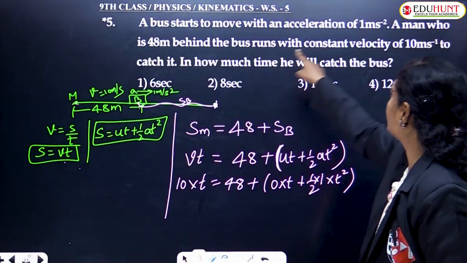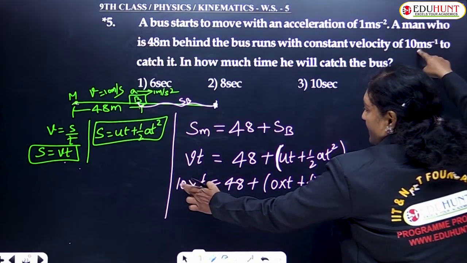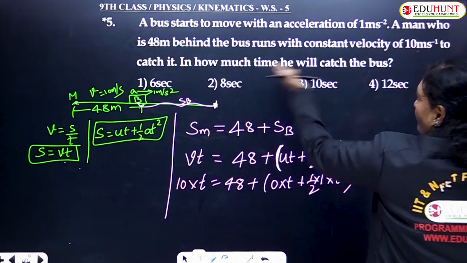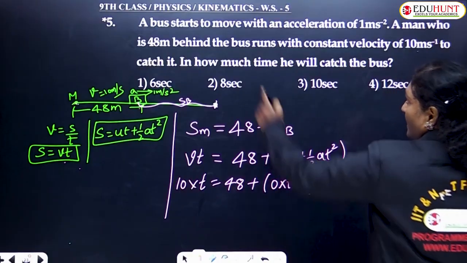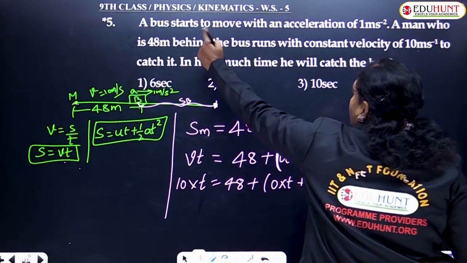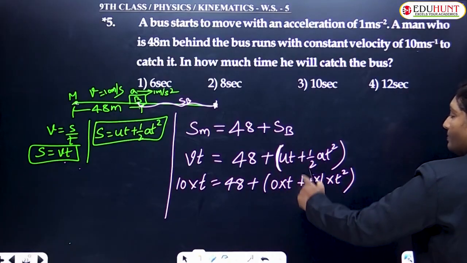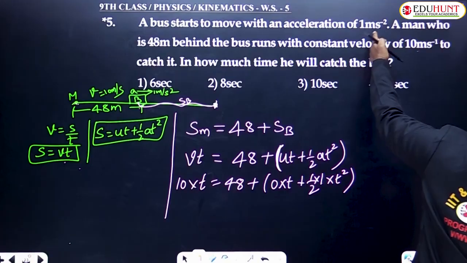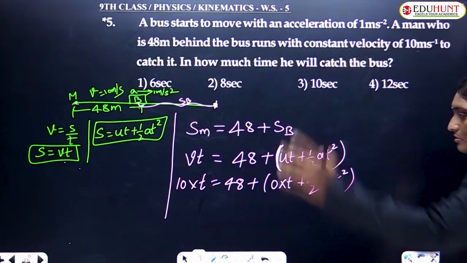And with what velocity is the man moving? 10 meter per second. So V is taken. Time you need to find out, equals 48 plus, initially the bus starts, means initial velocity 0, time you need to find out, plus half. Acceleration of the bus is given as 1 meter per second square and time you need to find out.